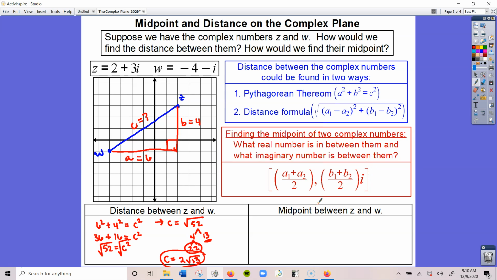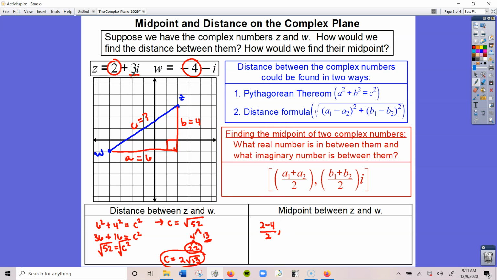However, sometimes this can be confusing, so I'm just going to tell you more or less how you find the midpoint. So these are my two complex numbers. I take the real parts, so the 2 and the minus 4, and I add them together. So 2 plus negative 4 is the same as 2 minus 4, and then we divide by 2.